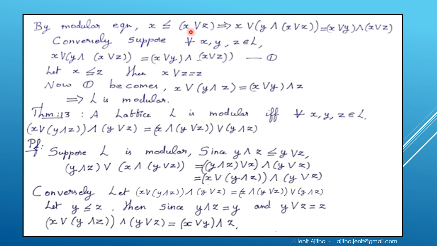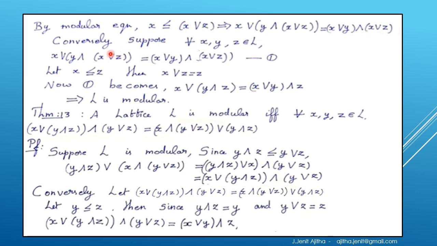So the modular equation holds for X join Z. Instead of Y, you substitute this in the modular equation. Hence we can get X join (Y meet (X join Z)) equal to (X join Y) meet (X join Z).